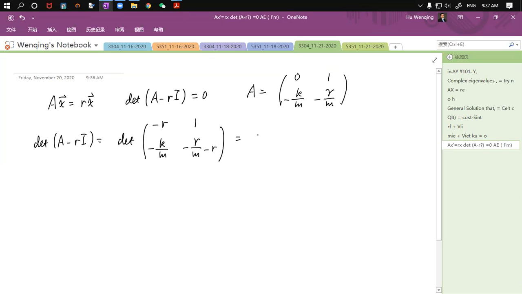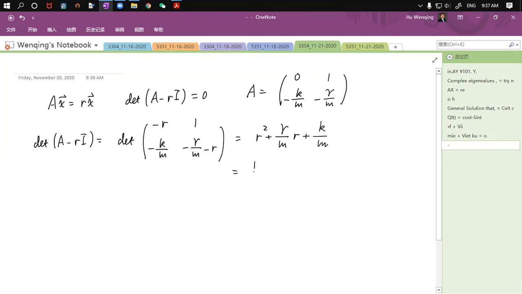You calculate the determinant: you multiply this one with this one, and you subtract this one with this one. But there's a minus sign already, so there's a plus. The result is r squared plus gamma over m of r plus k over m.